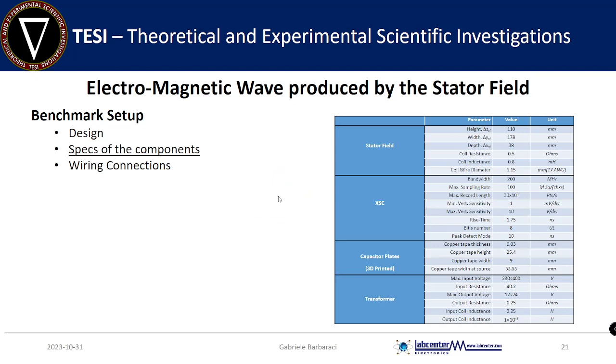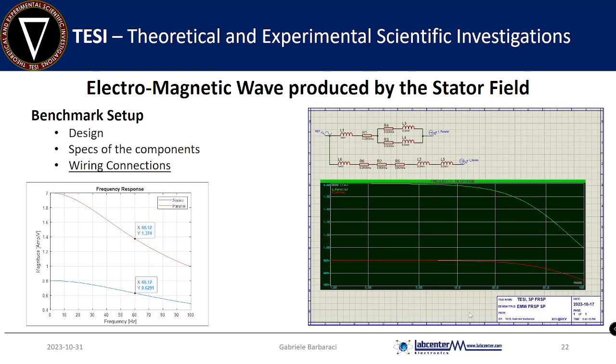Moreover, the benchmark setup components are the stator field, which has coil electrical resistance and inductance; the oscilloscope with certain parameters; the capacitor plates, characterized by their geometry; and a transformer loader with its input and output characteristics. We performed some simulations using Proteus, where we represented two possible connections, one in parallel and one in series, and depicted the frequency response of the two.